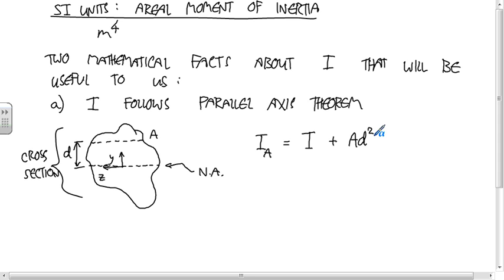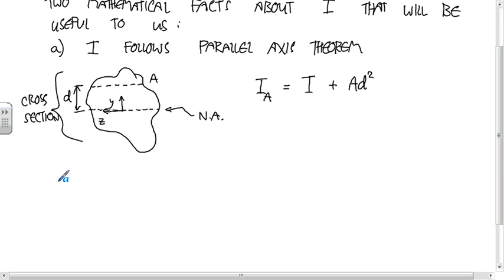Okay, so that in itself, you might not recognize yet why this is important to us, because why would we ever want to calculate the moment of inertia about something other than the neutral axis? But the reason that we do is because of the second fact, and that is that we can add moments of inertia to build up shapes out of simple shapes.